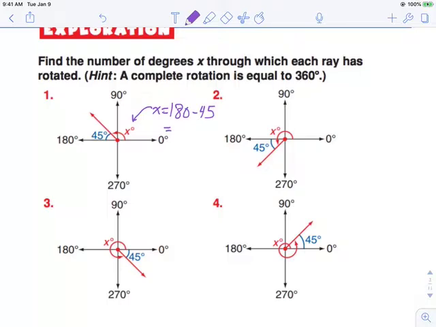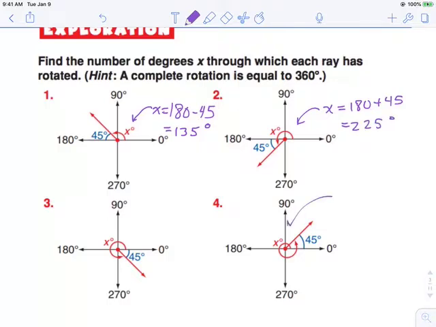180 minus 45, 135. So it's 135 degrees. Make sure you use degrees. Let's see. This one is 180 plus 45, 225, 225 degrees.